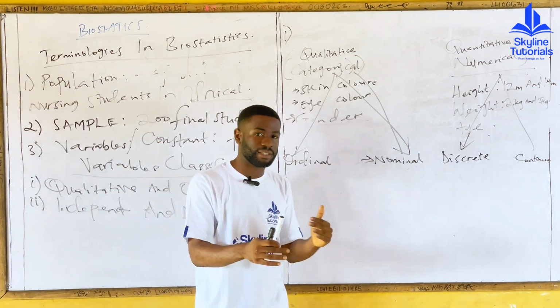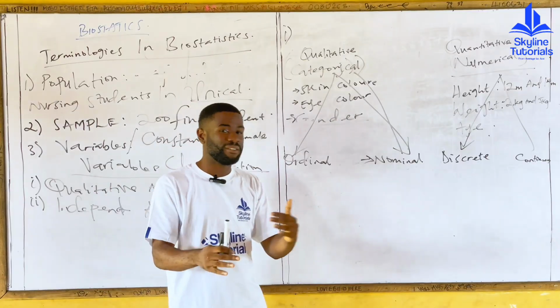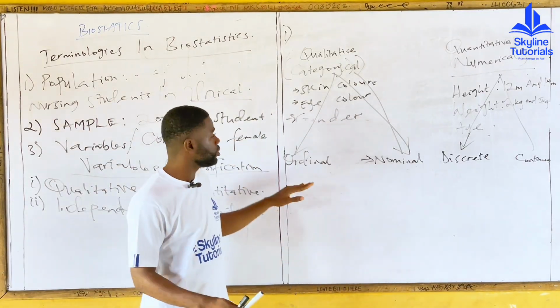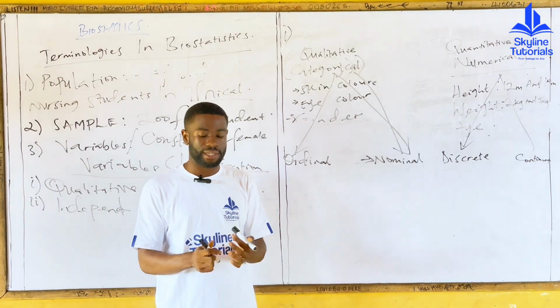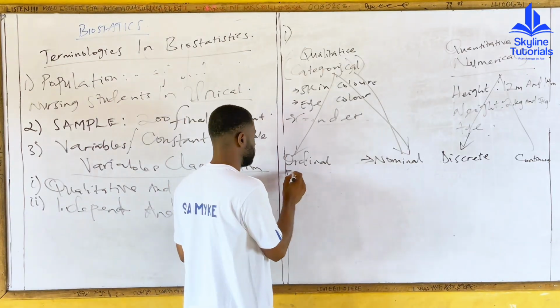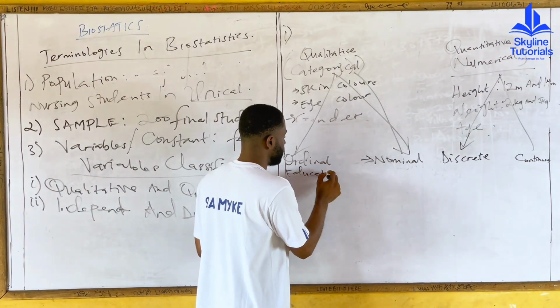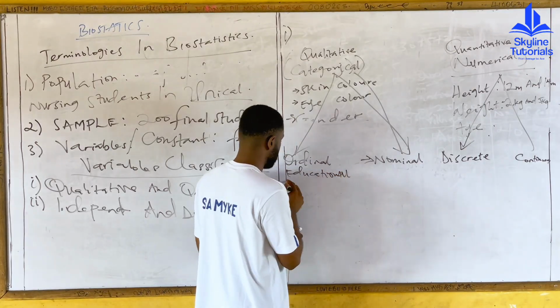Remember, when you're talking about variables, you're talking about differences, variation, varies. For ordinal variables, there is ranking. For example, a person's educational level.